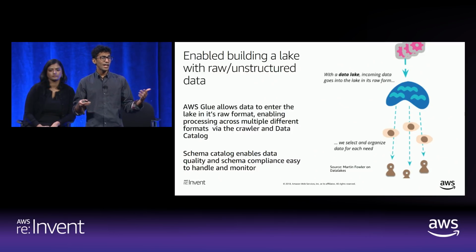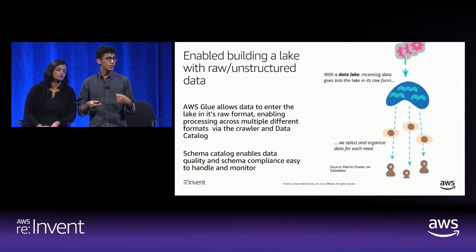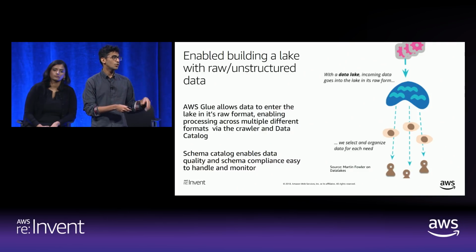With a data lake, you can actually keep this raw data in the original format that it appears in S3. And then as individual use cases appear, you can process those for the actual use case that you care about. This allows you to make sure that in the future, if a new use case emerges, you still have the raw data. And so you can process this as you need to for that individual use case down the road. Glue actually makes this very, very easy for you.